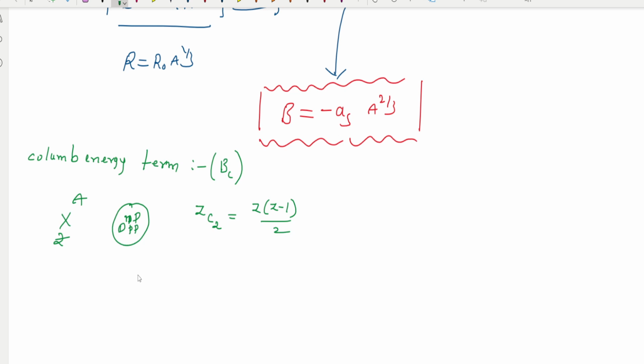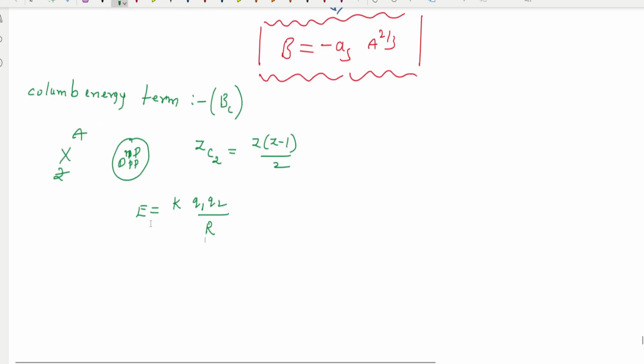So the Coulomb energy E equals the constant K, Q1 Q2 divided by R. The force is 1 divided by R square, the potential energy is 1 divided by R, right?